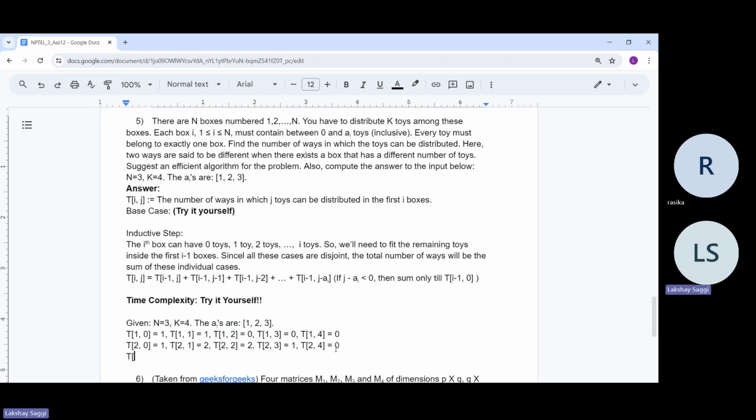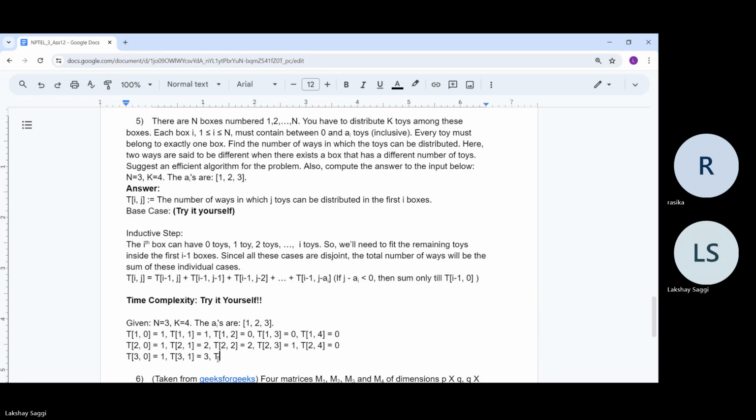And now we come to the third box, which is what we finally want. T of 3 comma 0 will be equal to 1, because T of 3 comma 0 will just be equal to T of 2 comma 0, which is 1. Now T of 3 comma 1 will be equal to T of 2 comma 1 plus T of 2 comma 0, which will be 2 plus 1, which is 3.